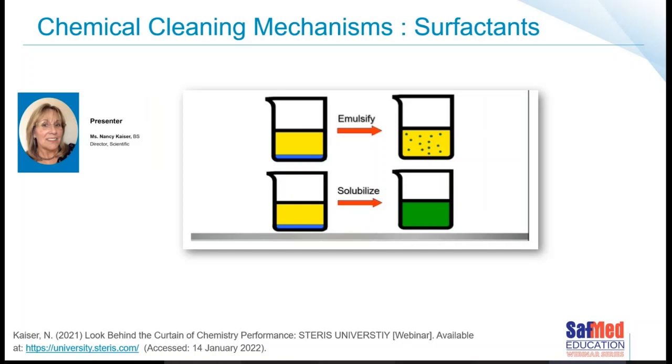You can see in the image that what was a blue line at the bottom of the beaker is now soil mixed in the water itself. In the solvent, that's the water, it's now mixed in there. All of those things together help with cleaning efficacy.